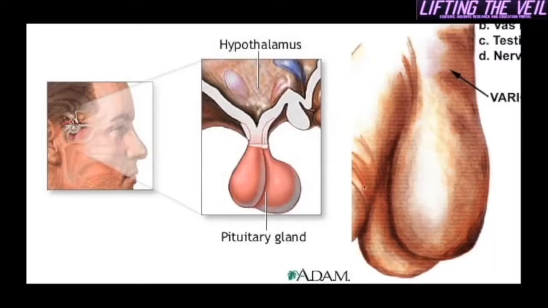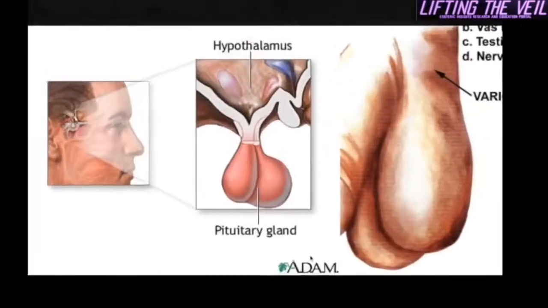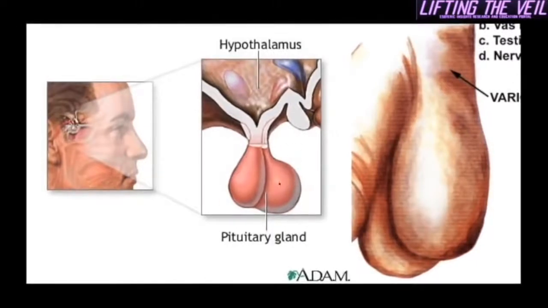The similarity between the male genitalia and the pituitary gland and the male testicles. So as above, so below the belt. Again, one of the only glands that falls at the direct midline of the human brain, and one of the only organs that falls at the direct midline of the human anatomy.